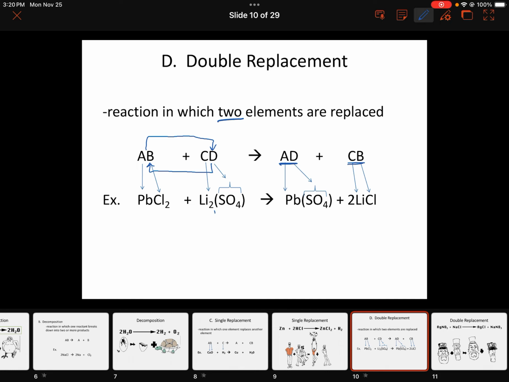But notice how this SO4 as a unit comes over, bumps out the Cl, and then the Cl bumps out the SO4. So where the Pb originally started with the Cl, it now ends with SO4. The Li started with an SO4, and now it ends with a Cl. Two things got replaced, so we call that double replacement.